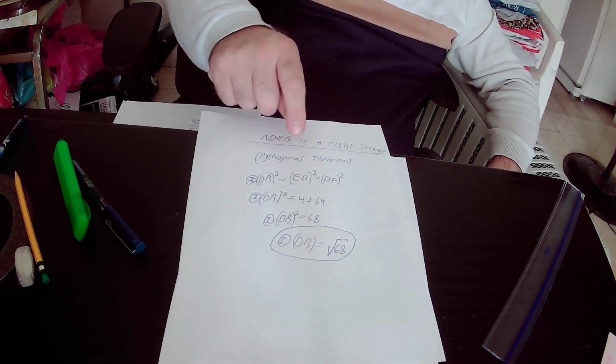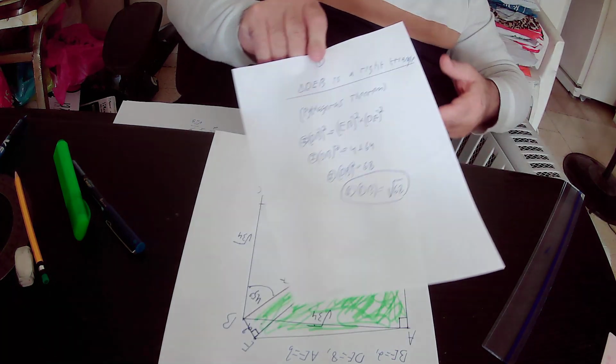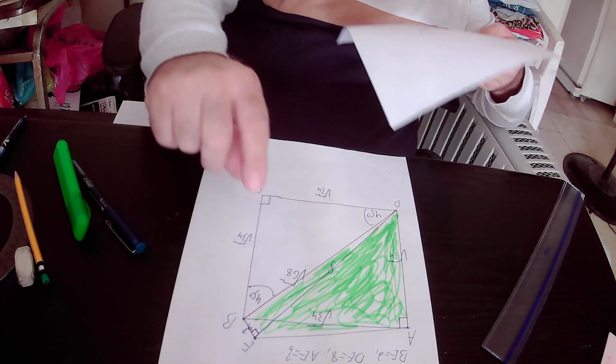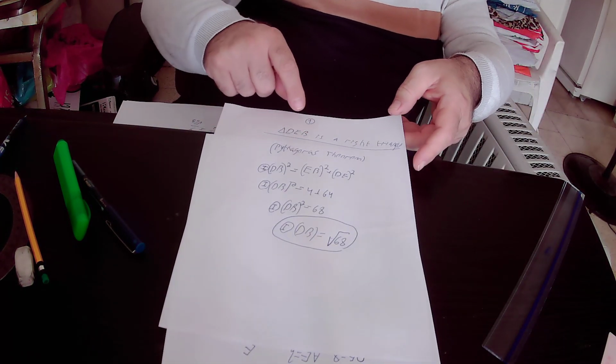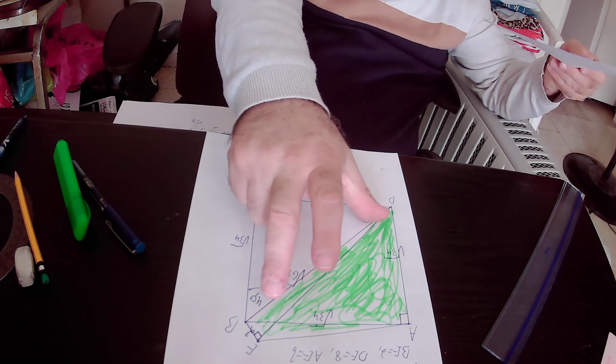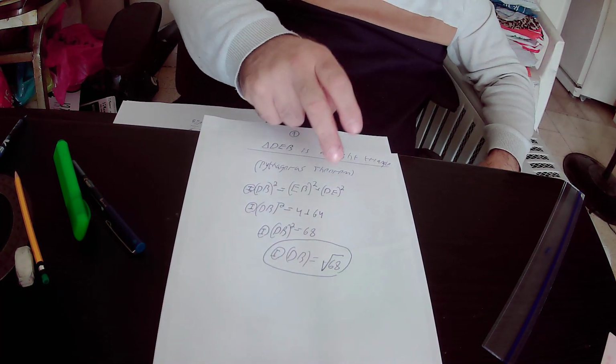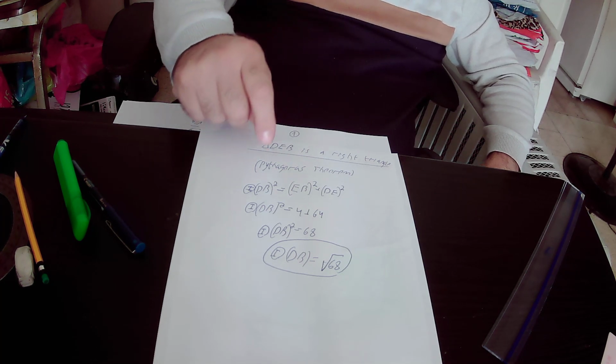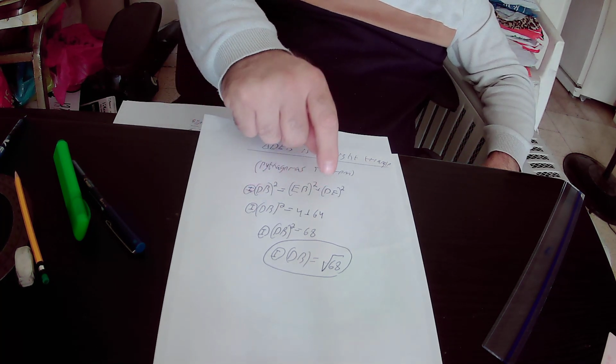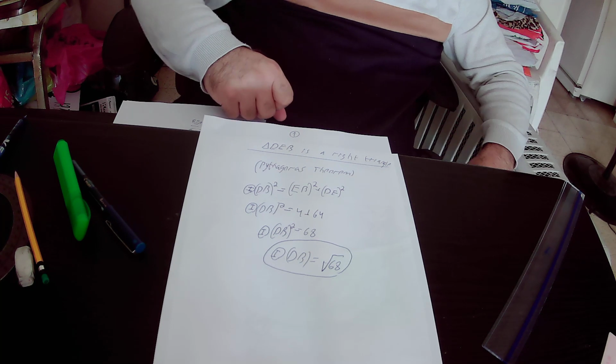Okay, so DB square equals EB square. EB equals 2 units, so EB square is 4. And DE equals 8 units, so DE square is 8 square, which is 64. So we found out that DB square equals 4 plus 64, that is 68.